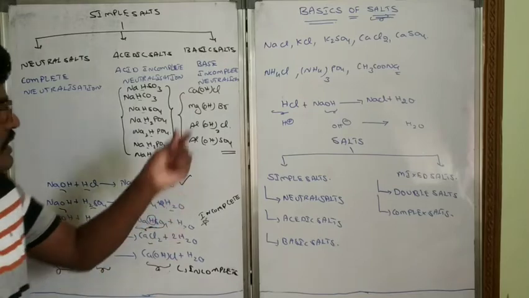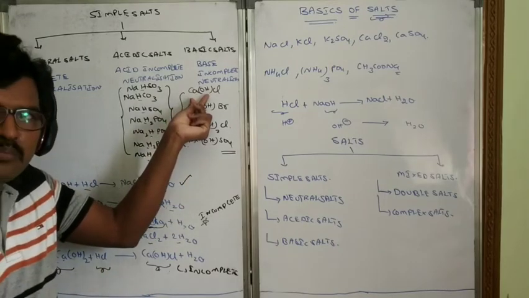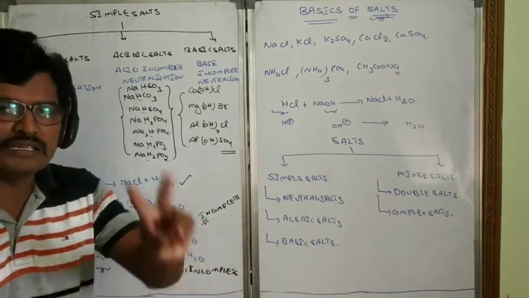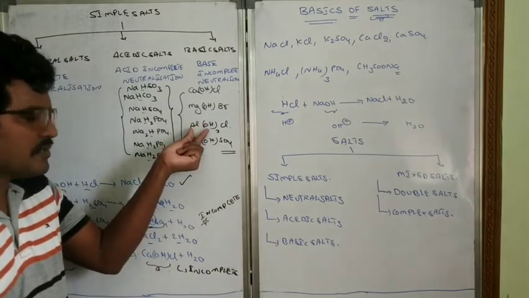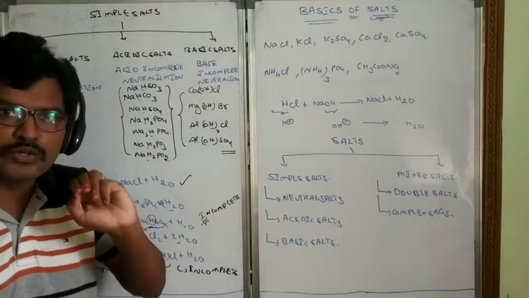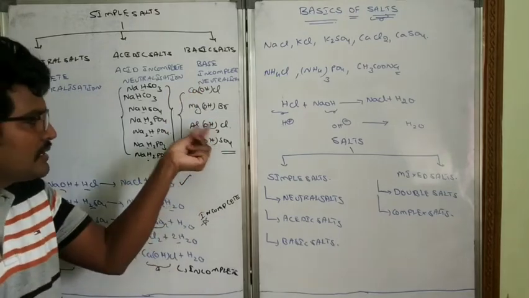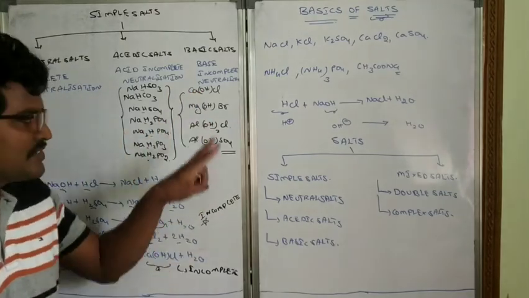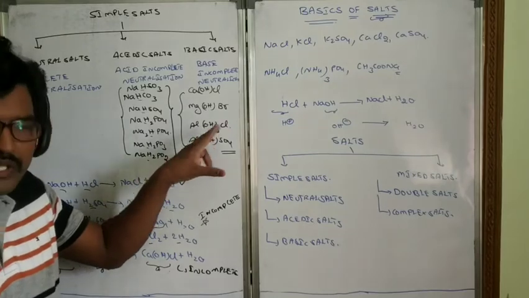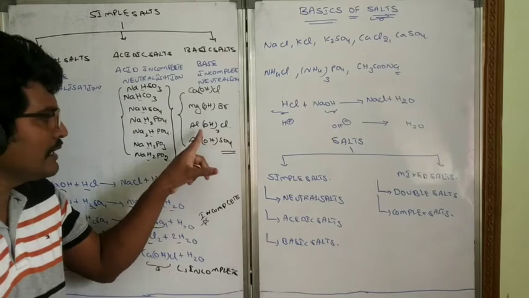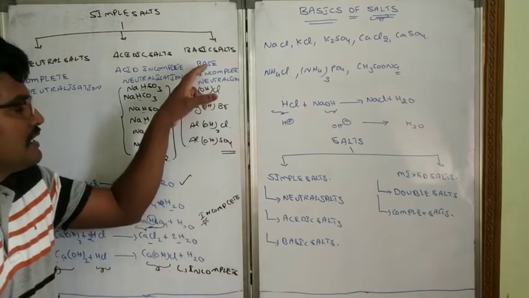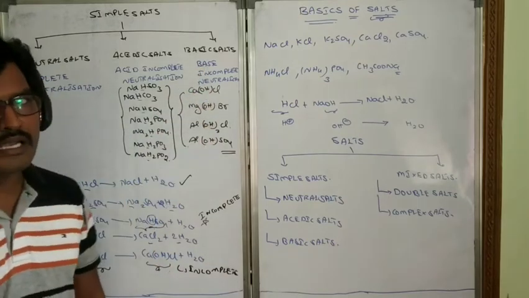Calcium hydroxide is a base of a second A group element which can donate 2 hydroxy groups. Aluminum hydroxide is a base of a third A group element that can donate 3 OH groups. Among the 3 OH groups, one OH is replaced by chlorine. Still it can donate 2 OH groups. That's why it will be basic in nature.